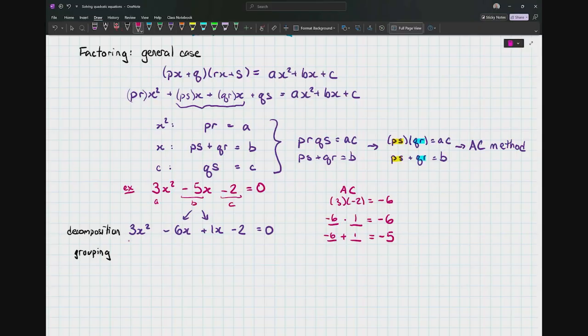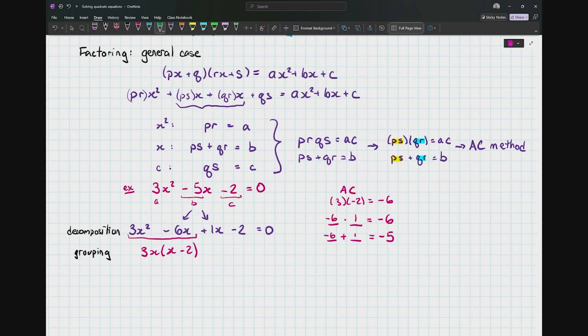I'm going to be looking at the first 2 terms here and seeing what they have in common at the most, the biggest common factor. The biggest common factor of 3 and 6 would be just 3. I could just as easily have factored out a -3, but I like the positive in this case because, well, if I factor out the x as well, that leaves me with x minus 2, which is quite nice.